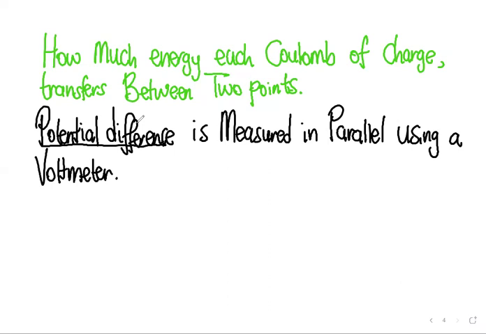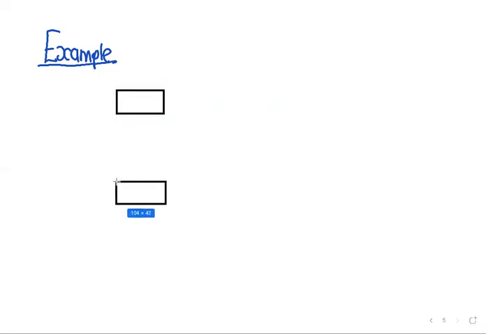So we're gonna have a circuit. We are having a circuit here. Now this is an example. So we are having a circuit that has the following resistors here.